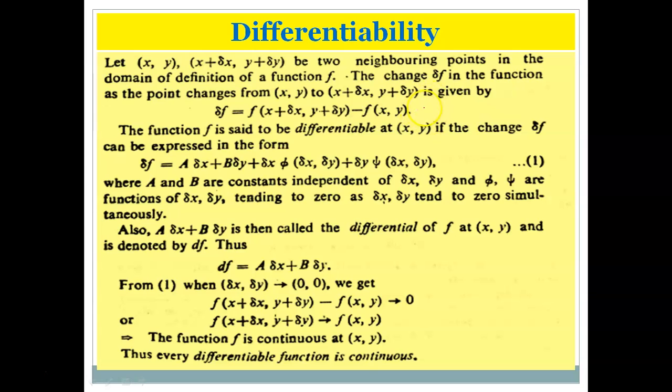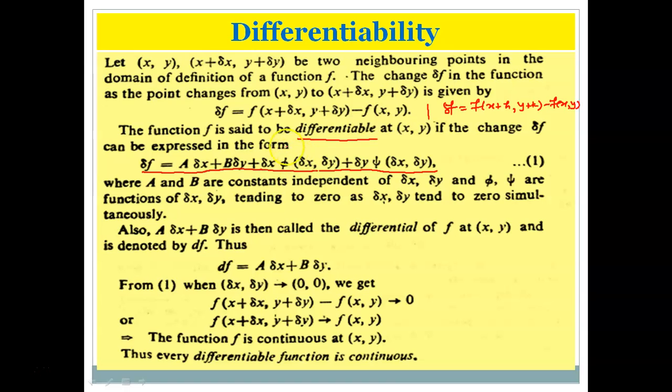In certain books it is also written like this: delta f is equal to f of (x plus h, y plus k) minus f of (x, y). The function f is said to be differentiable at point (x, y) if the change delta f can be expressed in this form. This is the important equation here.